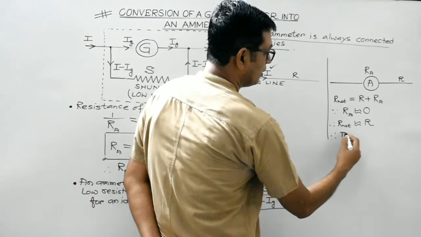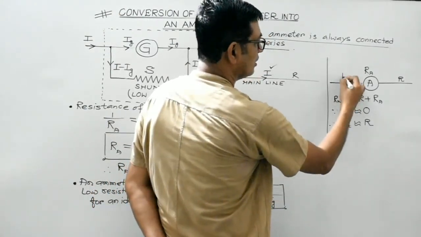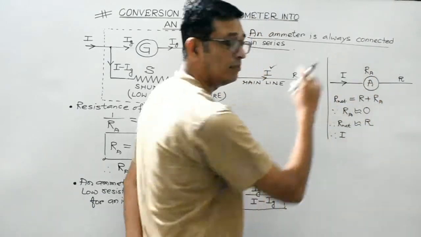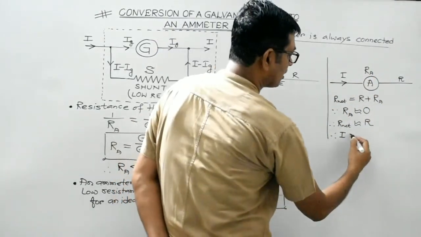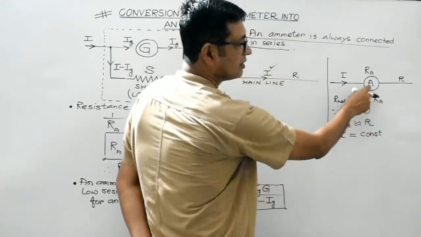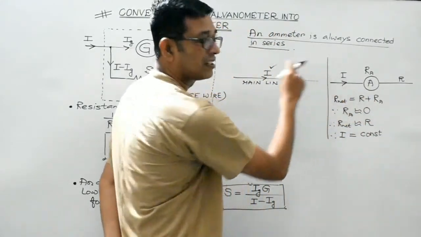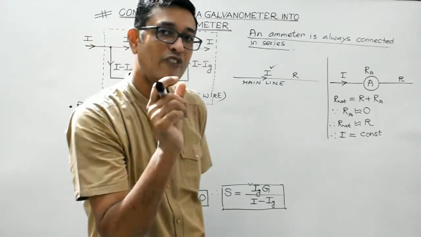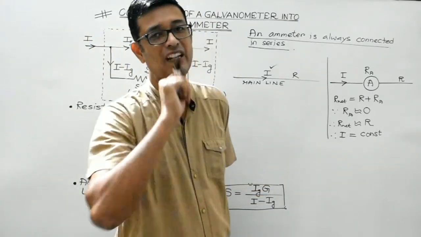Therefore, the current flowing through the circuit, even on connecting the ammeter, remains constant. And hence, this ammeter is able to get the actual value of the current flowing through the main line.